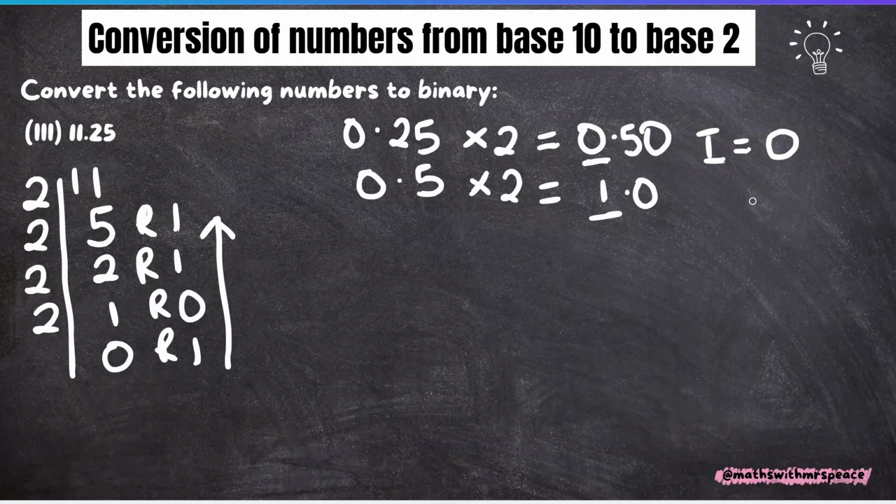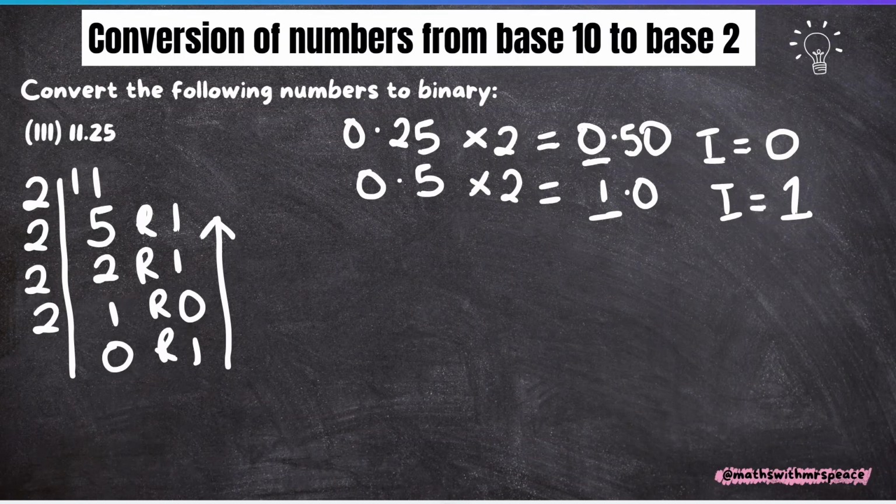Remember, I'm storing integers, so I'm going to write I equals 1. Now we'll look at our fractional part again, and we have 0. When you arrive at 0, you stop. If we had another number here apart from 0, we'd bring it down again and continue multiplying until we arrive at 0 in the fractional part, and then we stop.